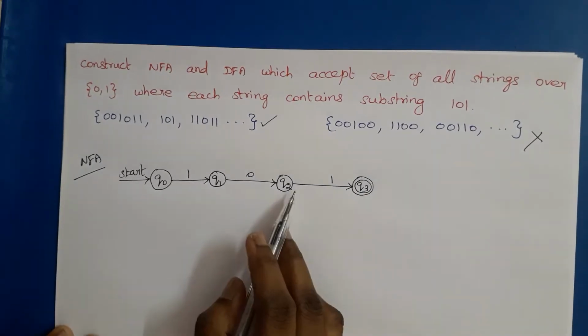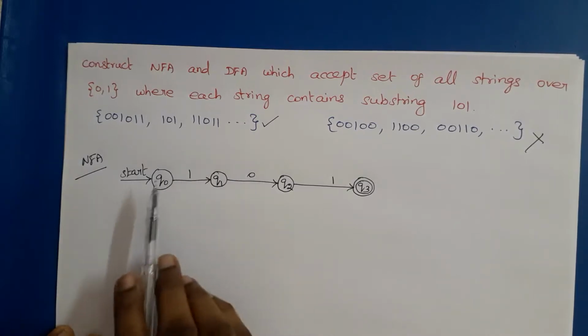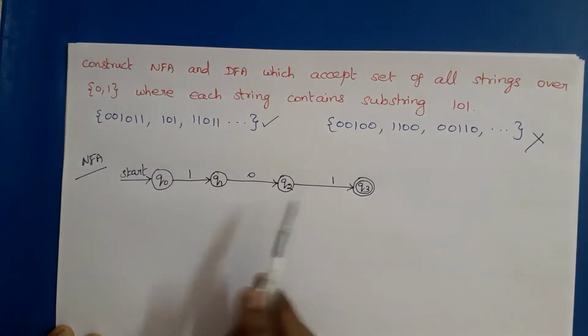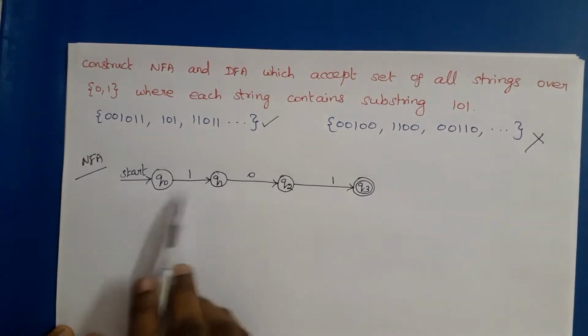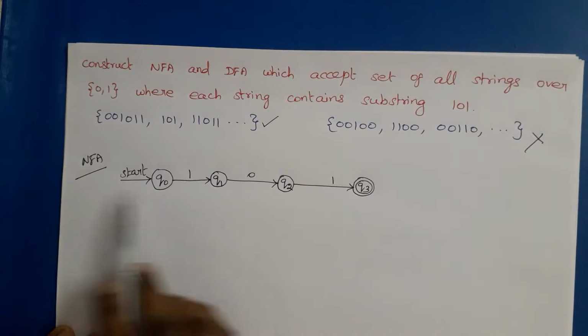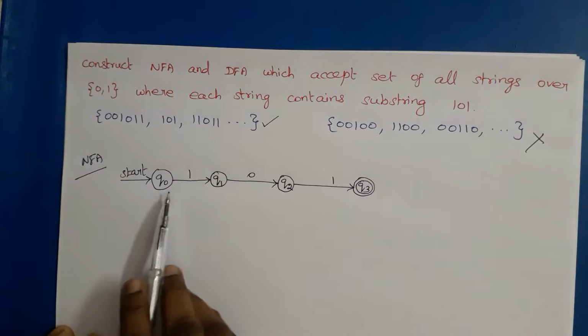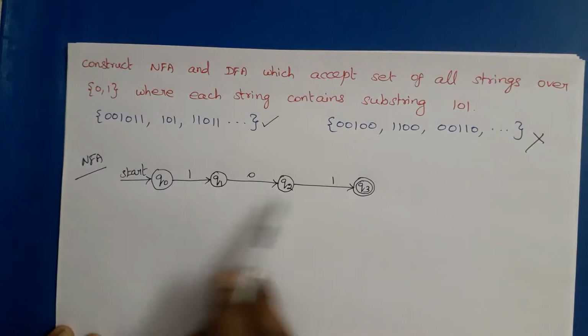For a string that starts with some string, or ends with any zeros and ones, we have to draw like this. So to recognize 101 as a substring, we start drawing the NFA like this.